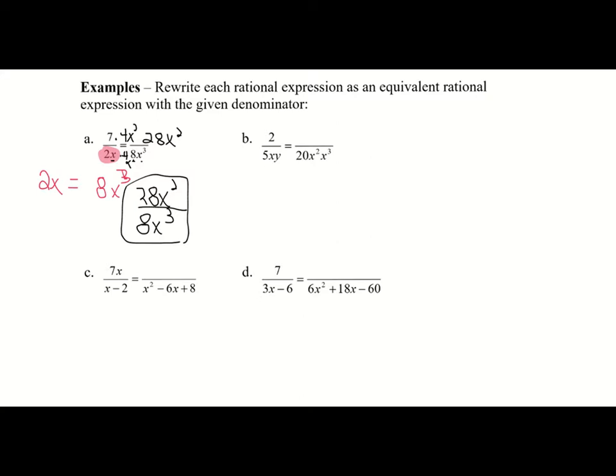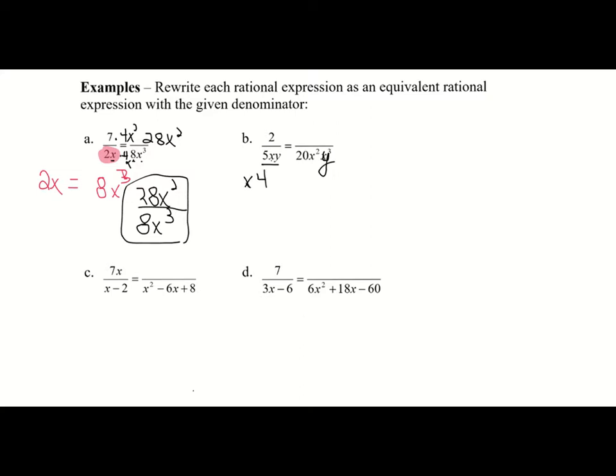So when we look at B, there is one error on our paper. That should be a y right there. So we should have 20x squared y cubed. My denominator currently is 5xy. To go from 5 to 20, I know I multiplied by a 4.